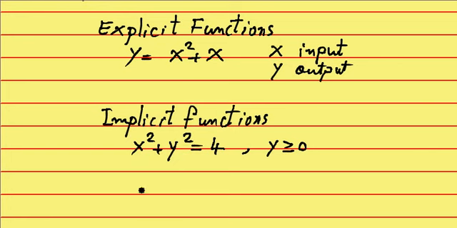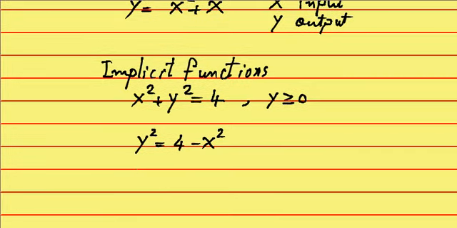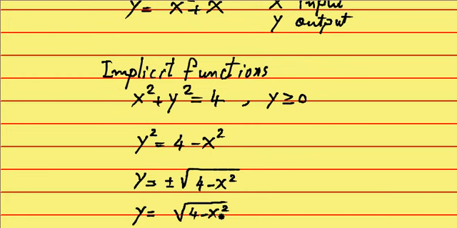For example, here you would have said y squared is equal to 4 minus x squared. Then you go ahead and solve this, you say y is equal to either plus or minus square root of 4 minus x squared. And given that you were told that y is a positive quantity here, or at least non-negative, your final answer would have been y is equal to square root of 4 minus x squared.